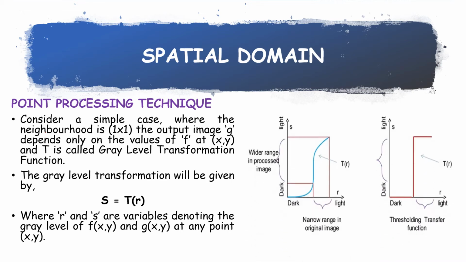Now here you have two diagrams. The first diagram tells you the effect of this transformation is to produce an image of higher contrast compared to the original image by darkening the levels below m and brightening the levels above m. This particular point is m.